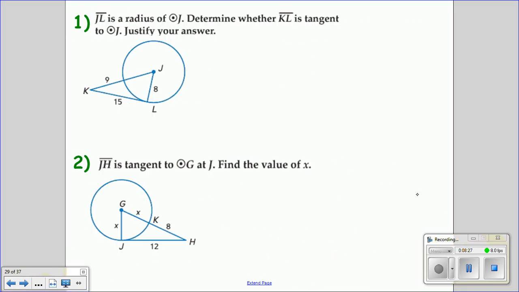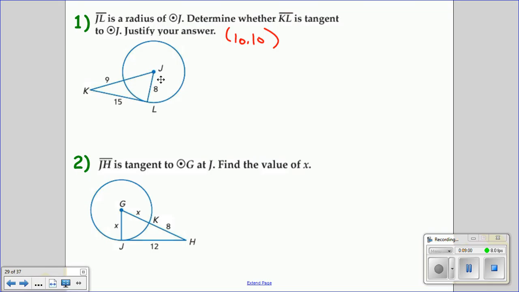So let's work out some practice problems. Number one tells us that JL is the radius of circle J. Determine whether KL is tangent to circle J and justify your answer. So if you go back to theorem 10-10, it said a line is tangent if and only if the radius is perpendicular.